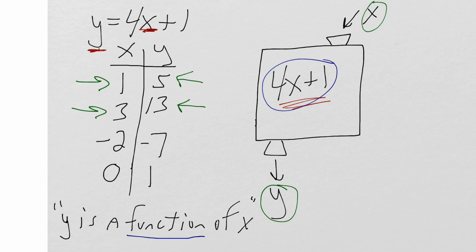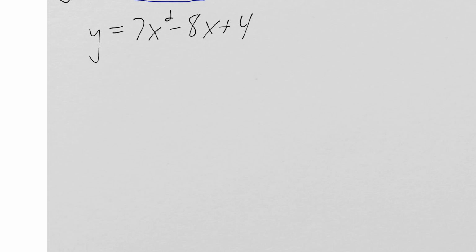So yes, this is a linear equation. Yes, we can graph it, find intercepts, and all the other stuff, but it also happens to be a function. Functions can come in all shapes and sizes. You could have something like y equals 7x squared minus 8x plus 4, and that's also a function. For every x you plug in, you're going to get one y out of it.